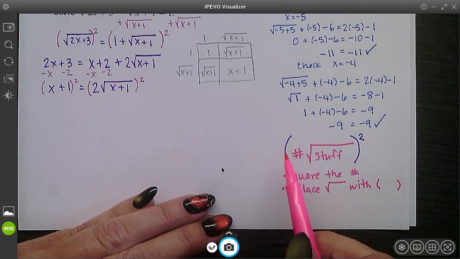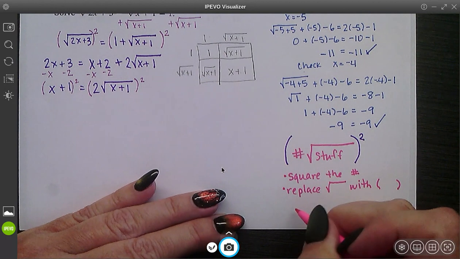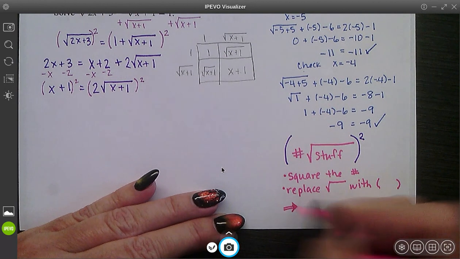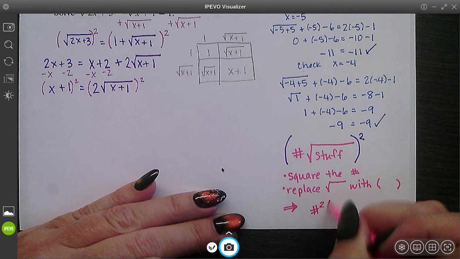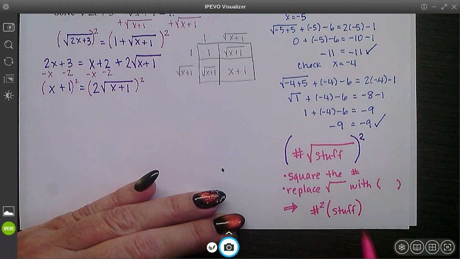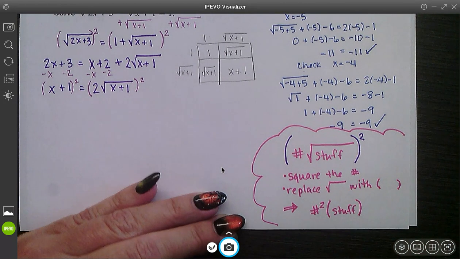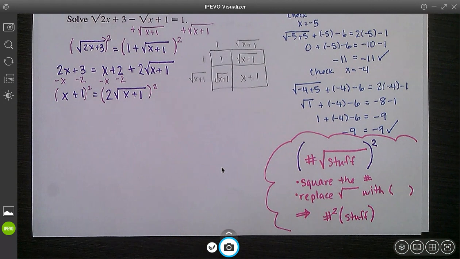So if I have a number and then square root of stuff squared, then what I'm going to end up with is that number squared times the stuff that was in the radical now in parentheses. So this is a good strategy for us to keep in mind.